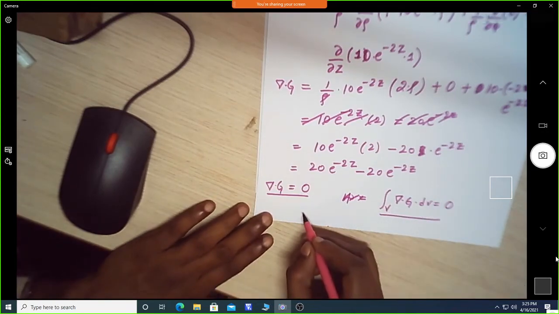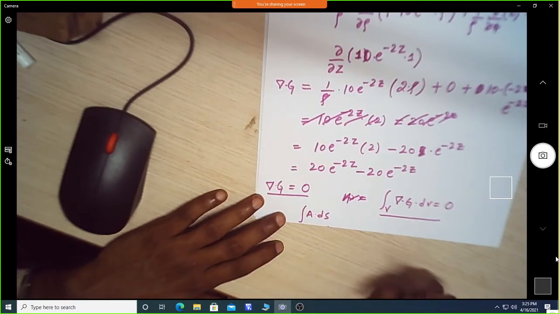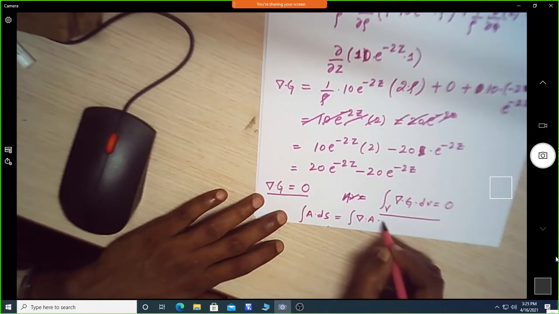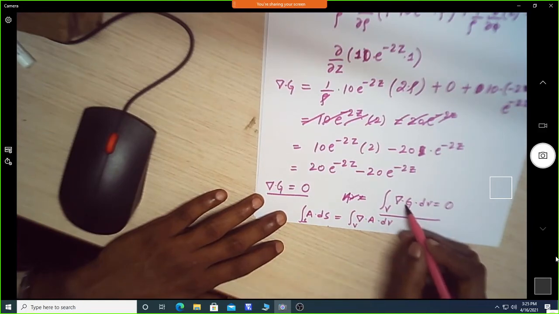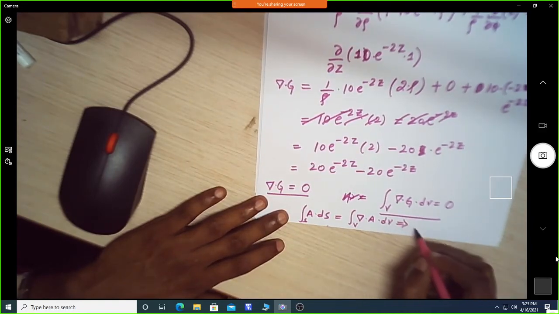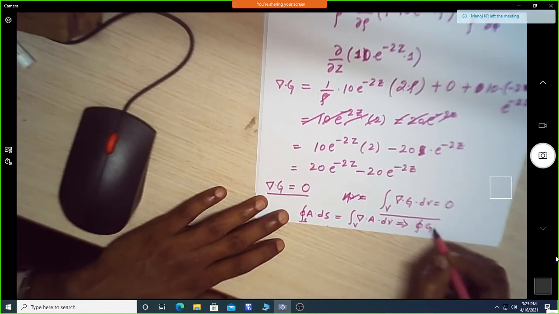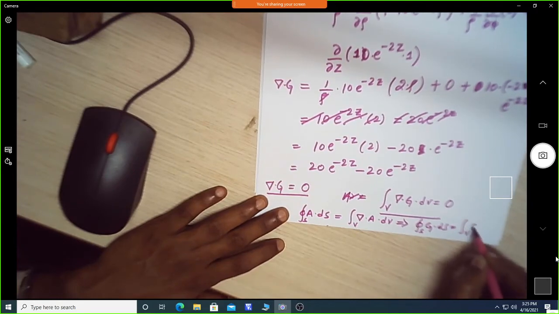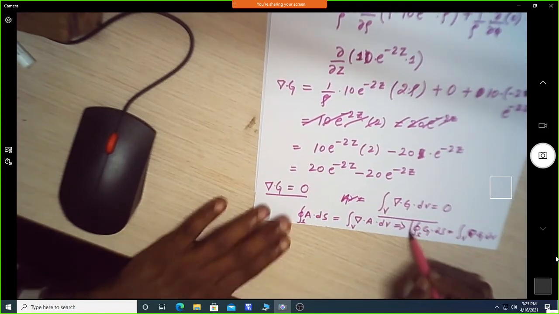Therefore, we can say the divergence theorem, that is the closed surface integral of A dot ds, is nothing but the volume integral of del dot A dv. Instead of A we write G. In this problem, the closed surface integral of G dot ds is the volume integral of del dot G dv. This is the divergence theorem.